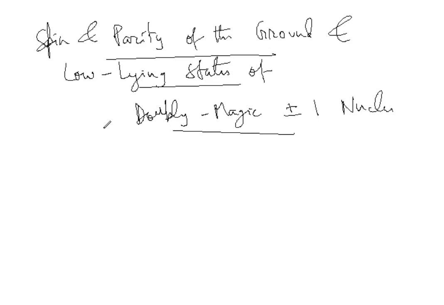Now what is a doubly magic nucleus or doubly closed shell nucleus? A doubly magic nucleus is a nucleus where both proton and neutron numbers are magic numbers.